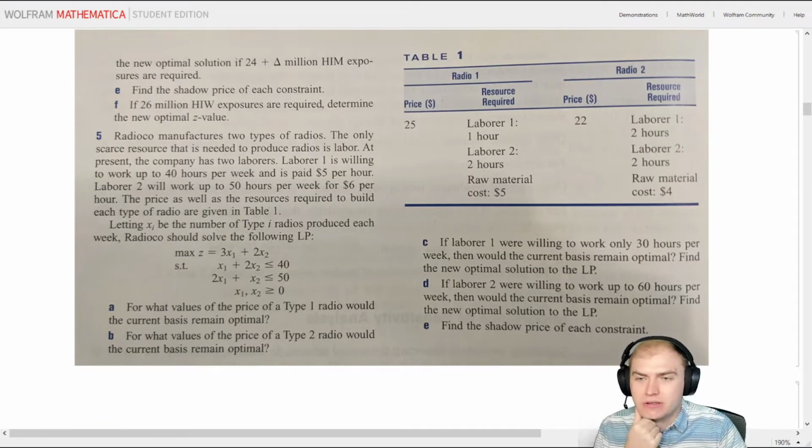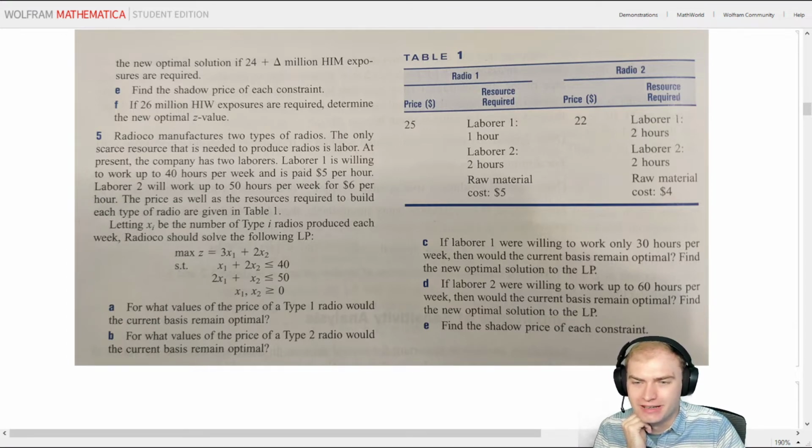So, they set up this radio manufacturing problem. We're paying people $5 an hour to work 40 hours a week or 50 hours a week. I guess we're not in a well-regulated labor environment.